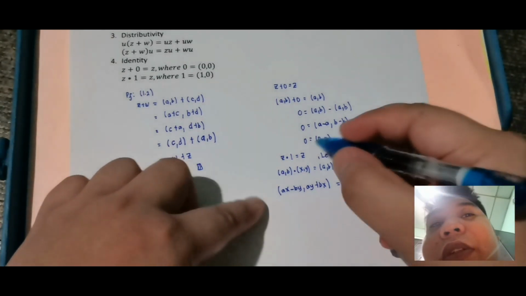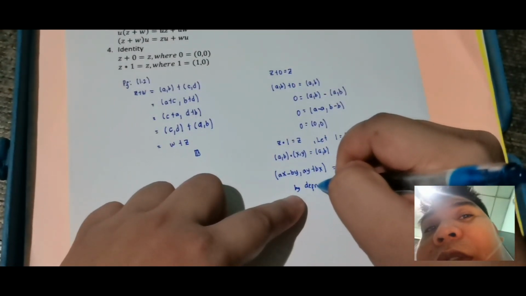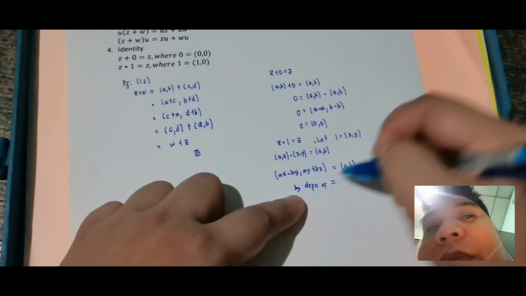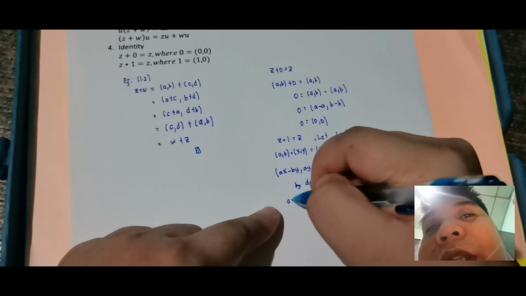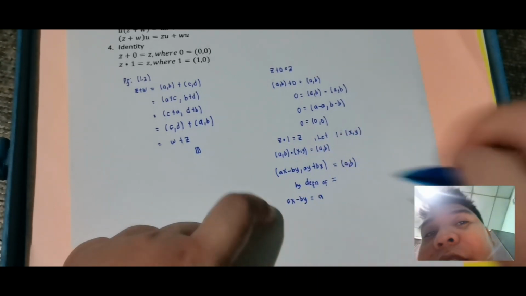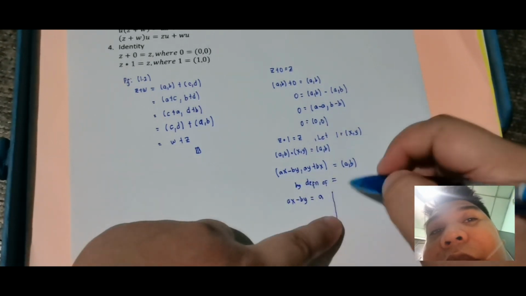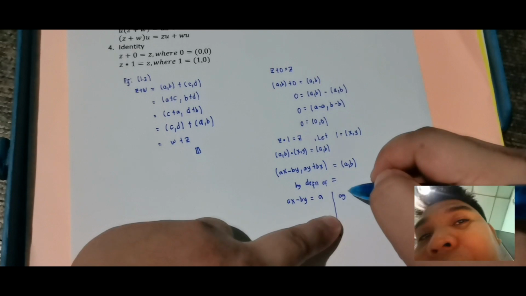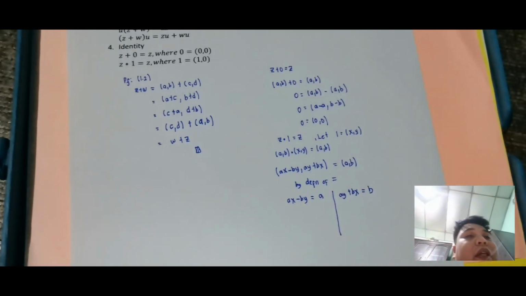Okay, so by definition of equal complex number, equal daw si AX minus BY kay A dun sa part na yun. Okay, another, si AY plus BX equal daw kay B.